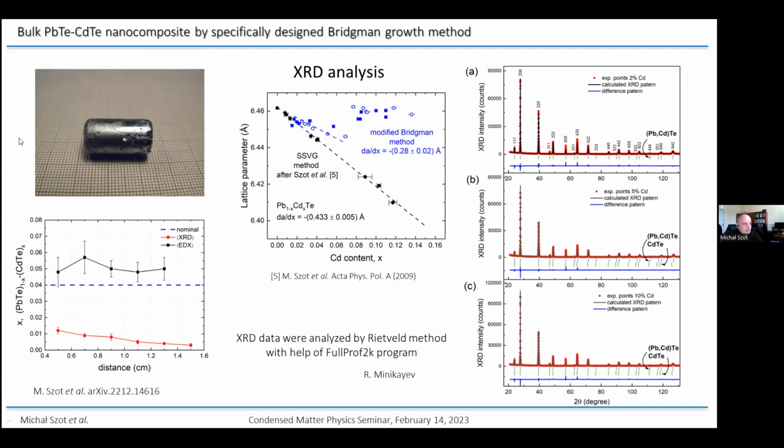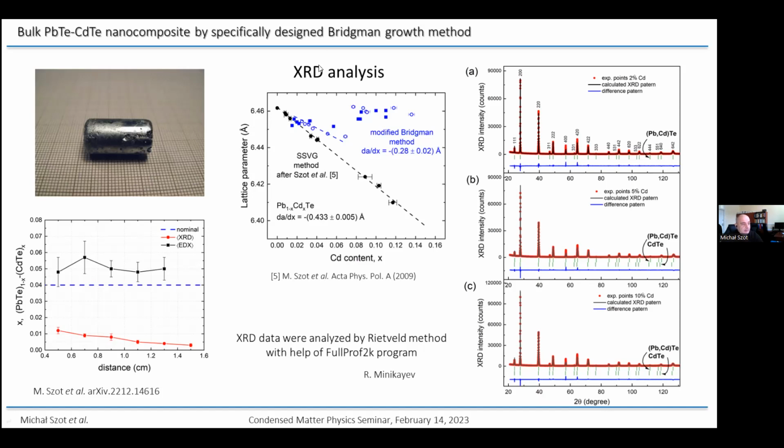So let's check the results of our growth. Our samples were examined by the XRD diffraction method, and we have found that all of our samples exhibit polycrystalline structure, which is expected and needed from the thermoelectric point of view.